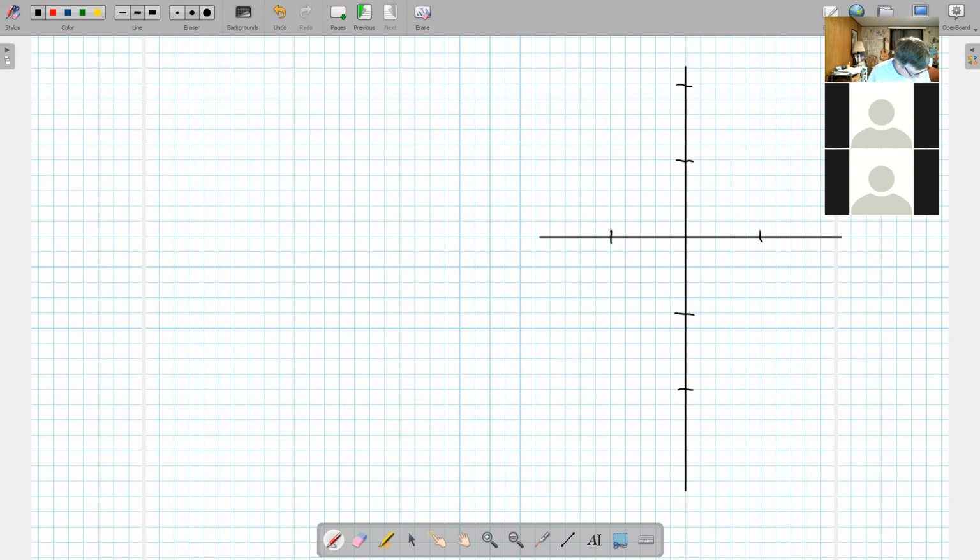This says graph the function, and it says f of x is the cube root of x minus 3.